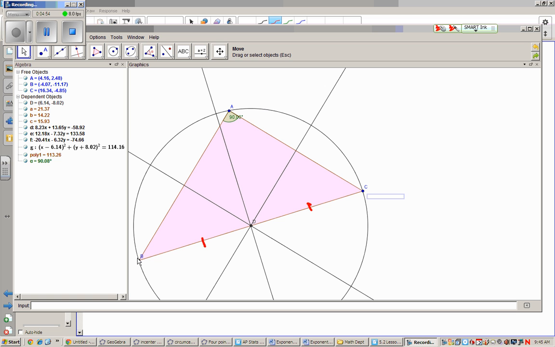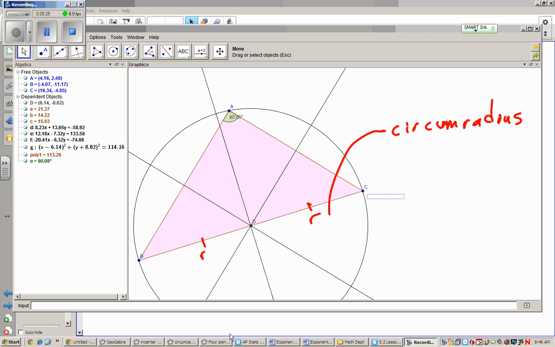Notice how this is going to be the diameter, so each of these sides is going to be the radius. If I wanted to find the radius of this, they call this radius a special name. They call it the circumradius, because it's the radius when you circumscribe a triangle.